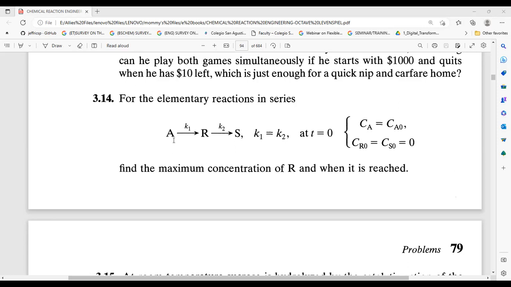You're asked here to find the maximum concentration of R and the corresponding time that this occurs. Given that you're starting only with an initial concentration of A, with no intermediate R and no final product S present, your rate constants are equal.